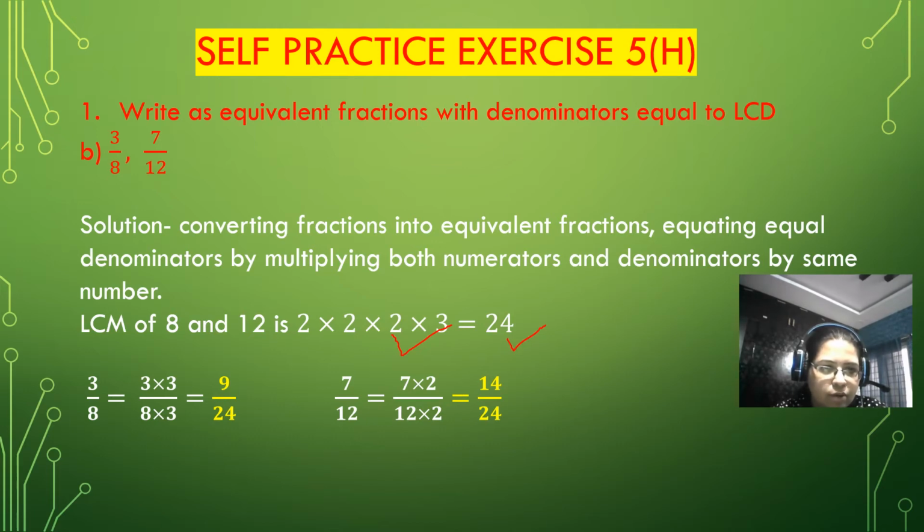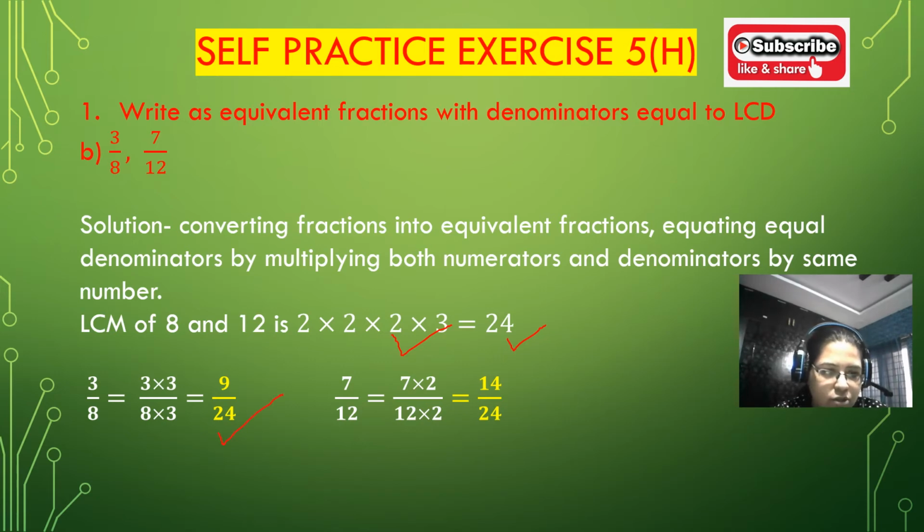We know denominator 8 multiplied with 3 we get 24, so we have to multiply the denominator 8 with 3 to get 24, and we have to multiply the same number 3 with the numerator also. So numerator 3 multiplied with 3 is 9, and denominator 8 multiplied with 3 is 24. So we get 9 divided by 24, which is the equivalent fraction of the fraction 3 divided by 8.